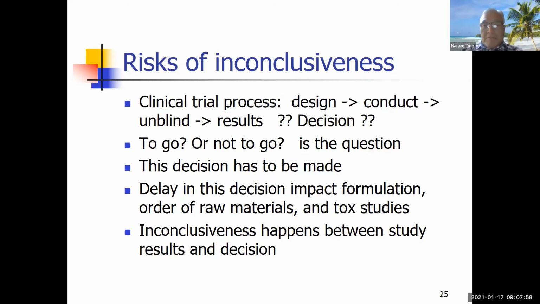That amount of time is inconclusiveness. All right. So between your readout of your first POC result and when you finally decide to make a go or no-go decision, that amount of time is the risk of inconclusiveness. All right.